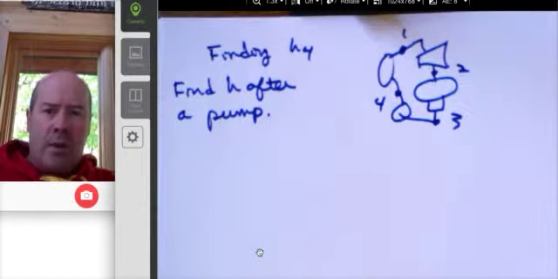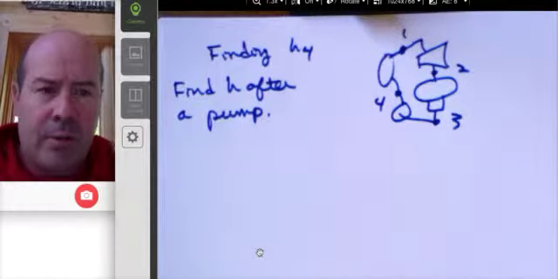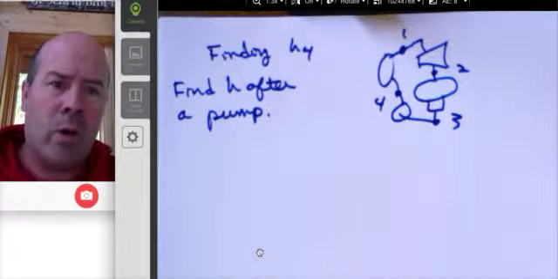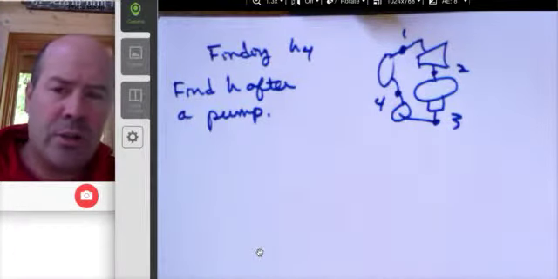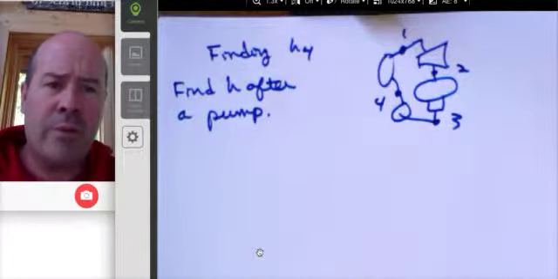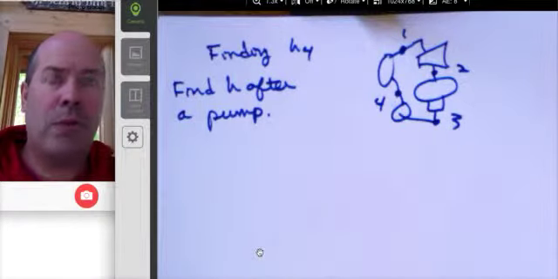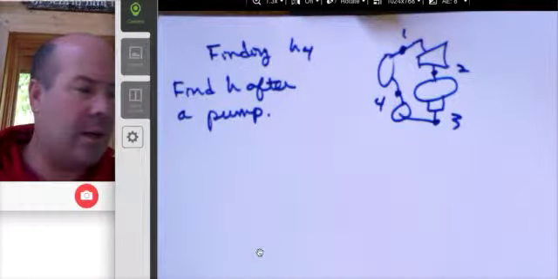We find H1 off of the superheated vapor tables. We find the S at 1 and go to the pressure at 2, and we find point 2 usually in the vapor dome in table A2 or A3, A2E or A3E.